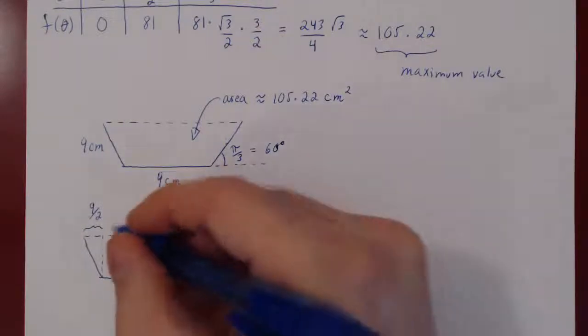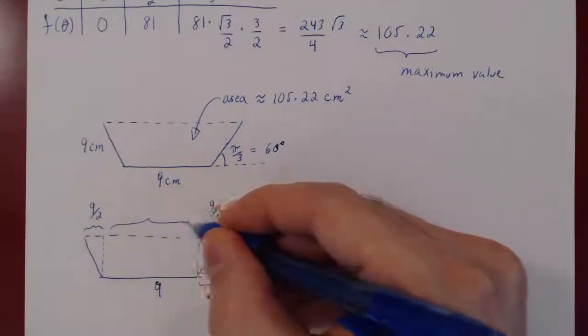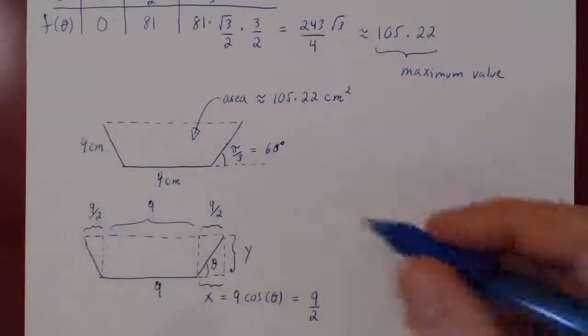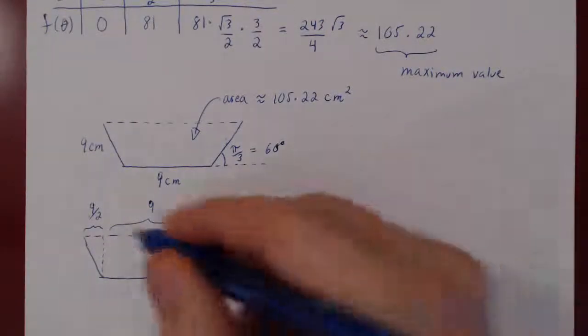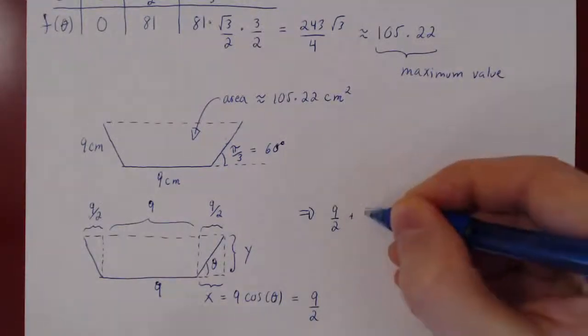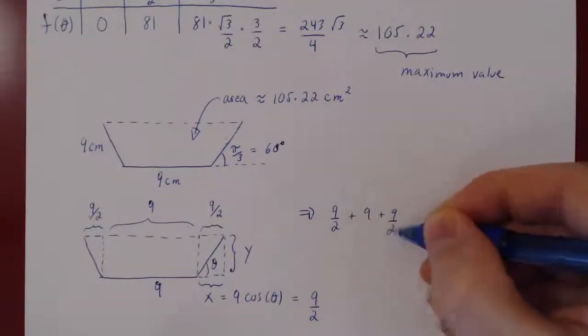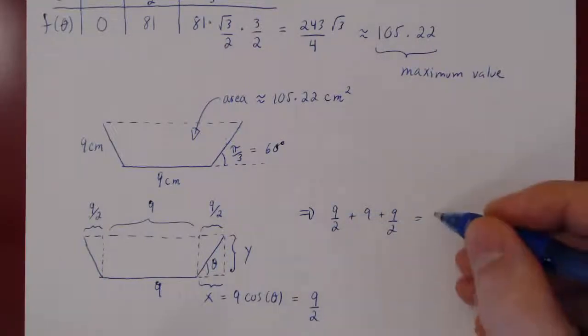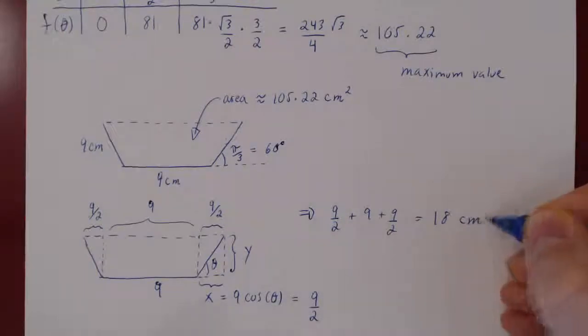And the length here is 9. So the opening across the top will be 9 over 2 plus 9 plus 9 over 2. Nine over 2 plus itself is 9, plus 9 is 18 centimeters.